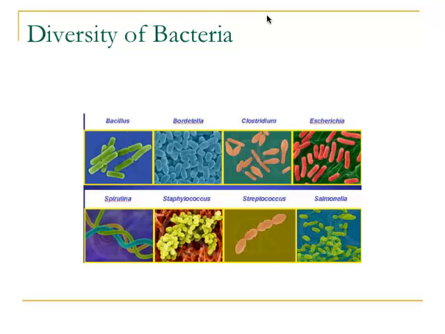I wanted to start by just giving you an overview of the grand diversity that we see in bacteria. And the diversity starts with differences in morphology, but there are also genetic changes.